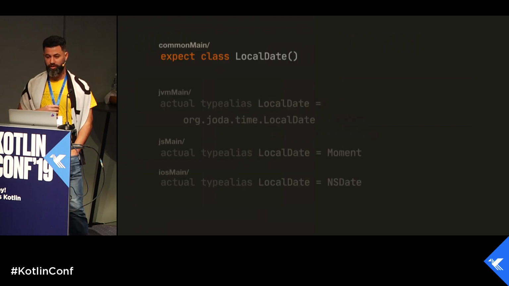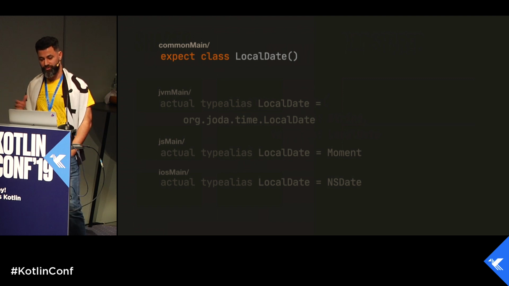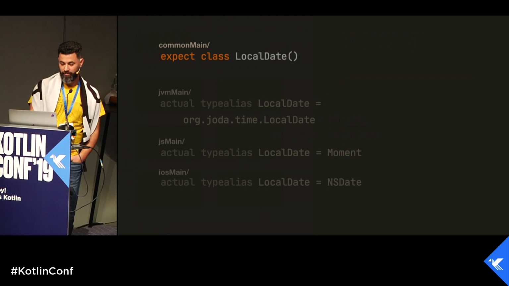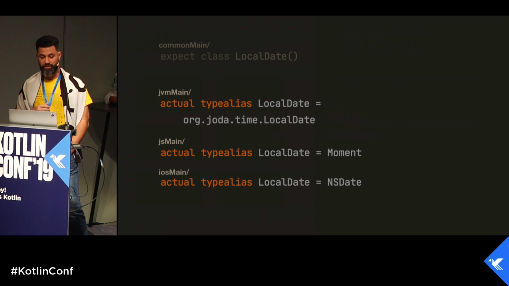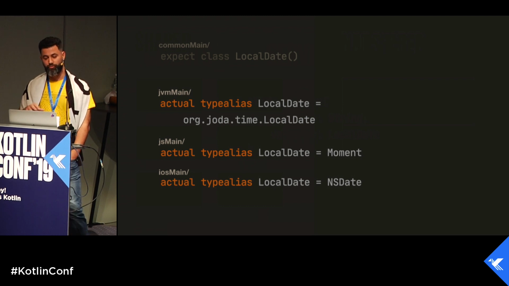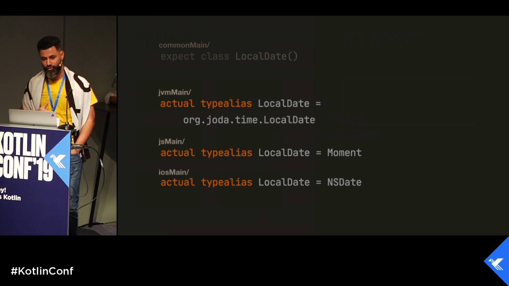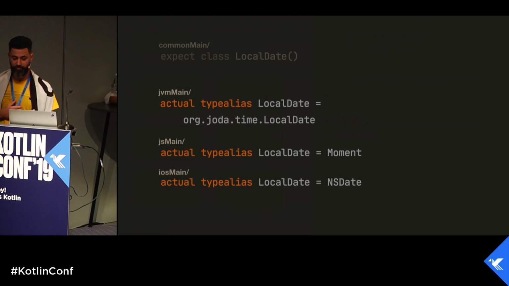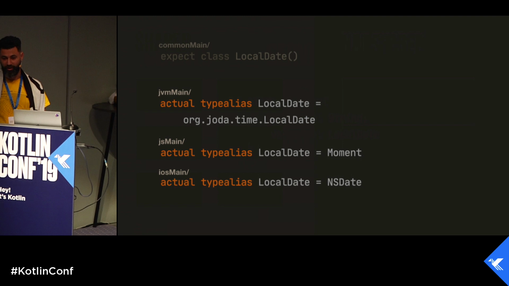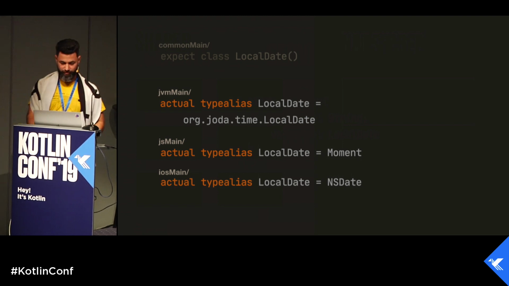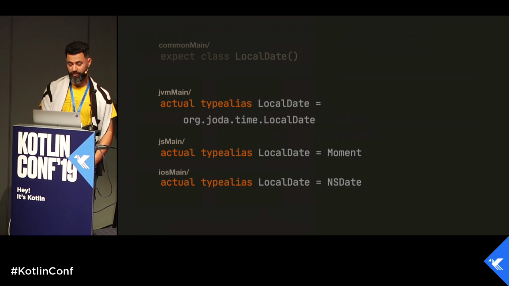We can declare local date without any fields, and we can use the actual keyword to define the particular implementation for each platform using type aliases. Normally, for each platform you have some kind of implementation of things such as date times, so you can reuse the vast majority of functionality from there.